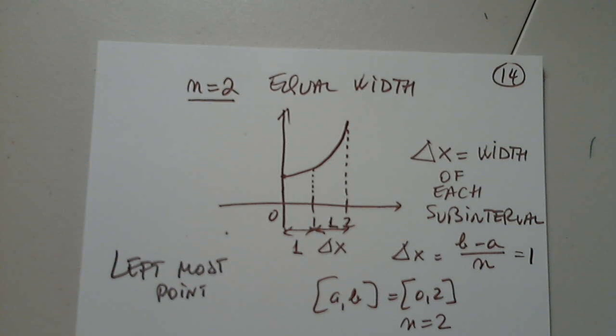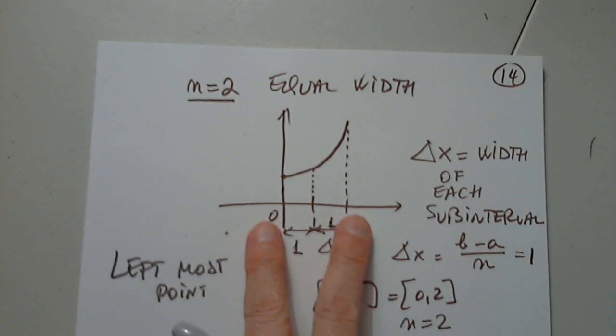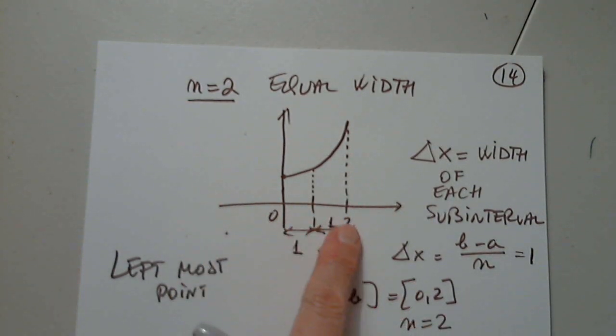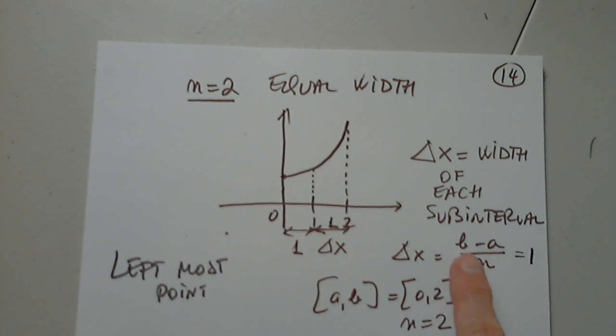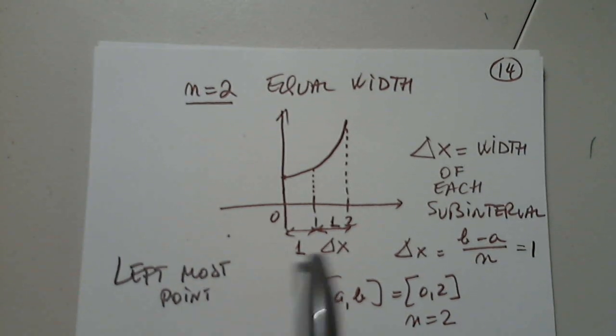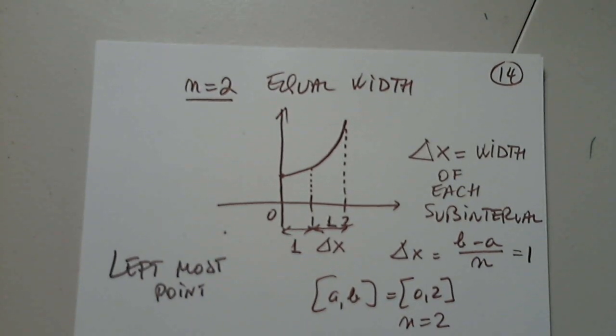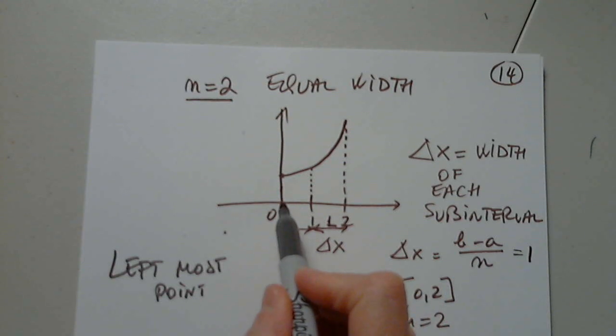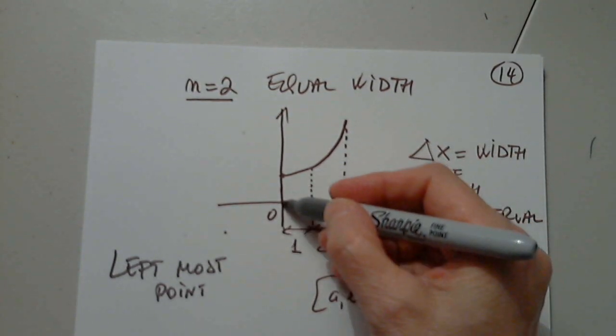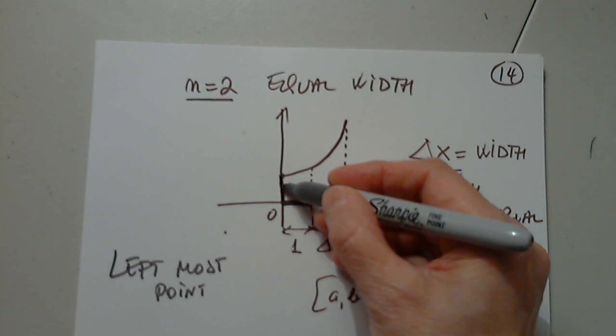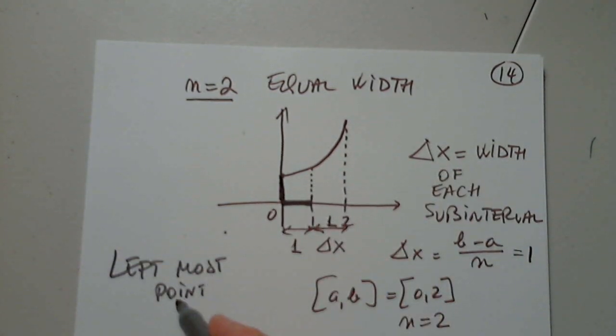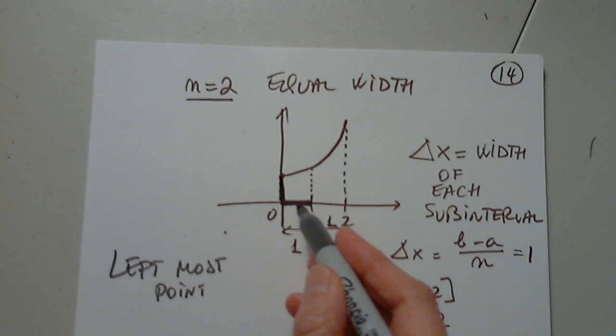We determined, once we know that we have 2 subintervals and we have the length of the interval between 0 and 2, we put in 2 minus 0 divided by 2, and that's how I got the 1. The leftmost point means I will create a rectangle with the base times the height at the leftmost point of the interval.